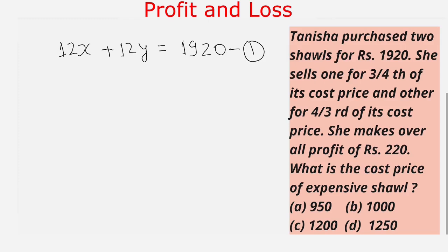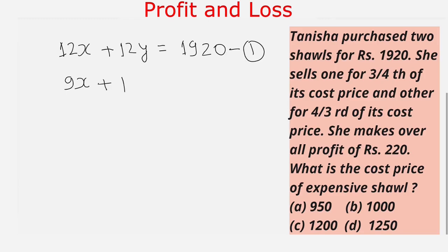Now this is our cost price and the selling price is first is sold at 3/4. So the selling price of first shawl is 3/4 of 12x is 9x and selling price of the second shawl is 4/3 of 12, 3 divides 12 for 4 times and 4 times 4 is 16.